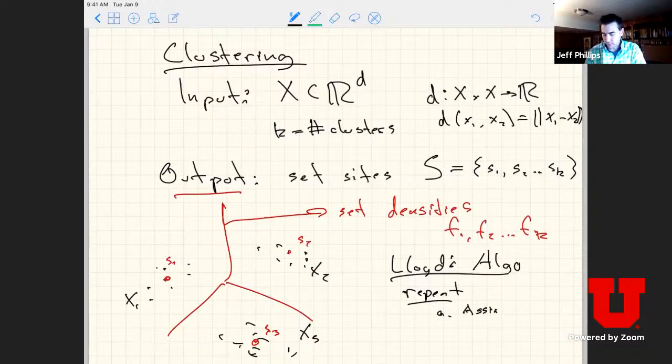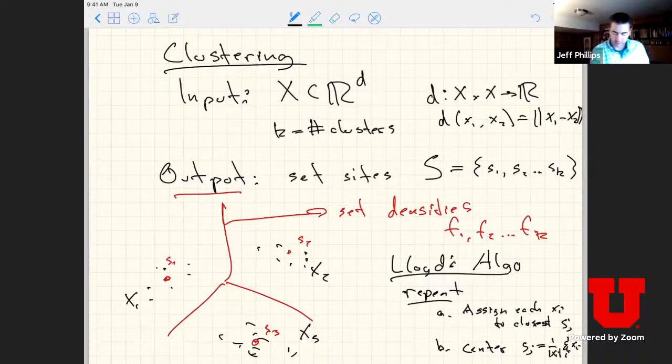Assign each xi to the closest sj, and then reassign the center of each of the sites sj to the average of each of the elements in the site. So if I take a look at these objects over here, and I take the average of them, that's going to be the reassignment of s2.